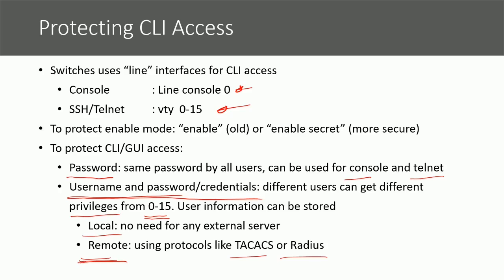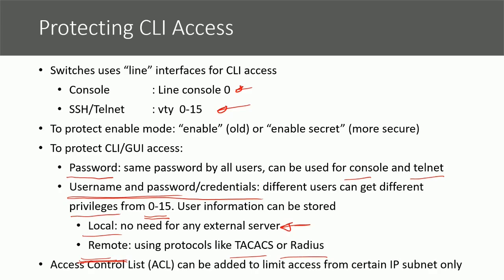To store user information remotely, an external server will be needed, and in this course, we will discuss local username and password only. For additional security, you can add access control lists into these lines to limit access from certain subnets. ACLs or access control lists will be discussed later in this course.